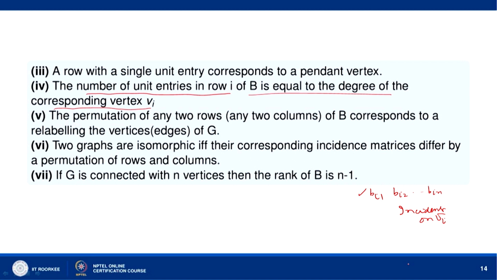So, it will tell us the degree of the vertex Vi. The permutation of any two rows or any two columns of B corresponds to a re-labeling of the vertices of G. Now, two graphs are isomorphic if and only if their corresponding incidence matrices differ by a permutation of rows and columns. If G is connected with n vertices, then the rank of B is equal to n minus 1.